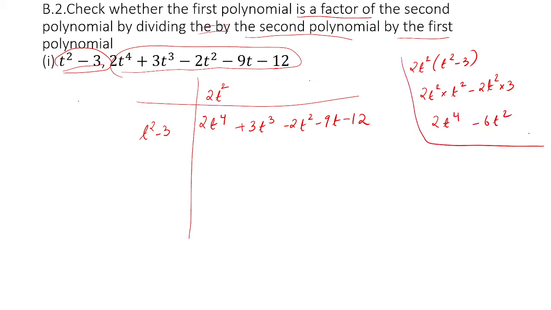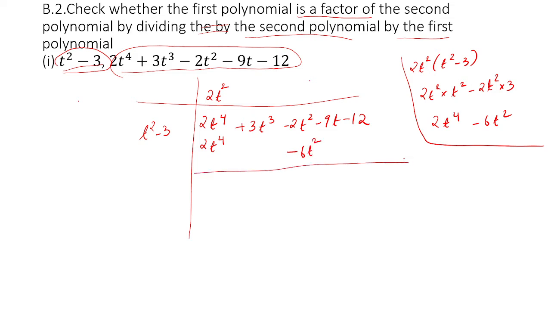You can do this in rough work, but it's better if you can do a mental calculation. So t square into 2t square is 2t to the power 4, and minus 3 into 2t square would be minus 6t square, right?